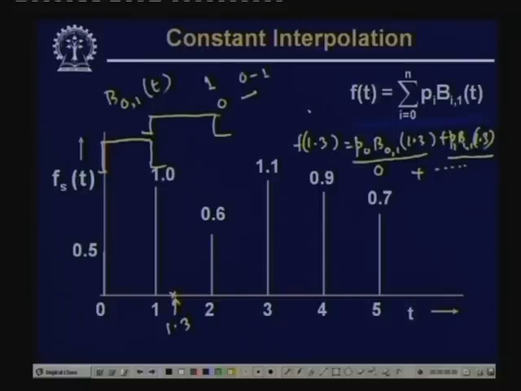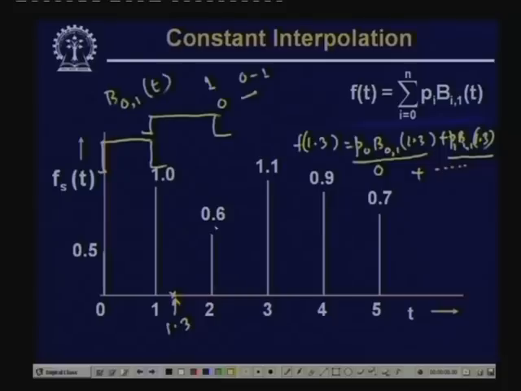Similarly, for values of t less than 1, the value of b_11(t) is also equal to 0. Similarly, p_2 b_21 is 1 within the range 2 to 3. So, within this range b_21(t) is equal to 1, and beyond this b_21 is equal to 0.